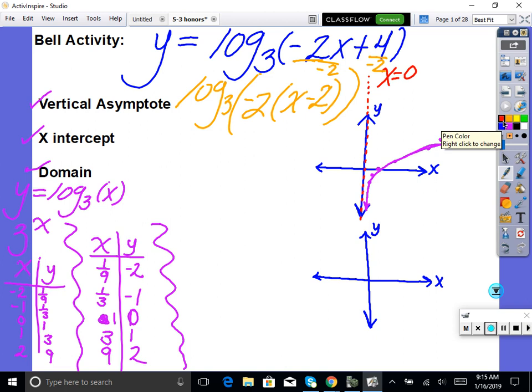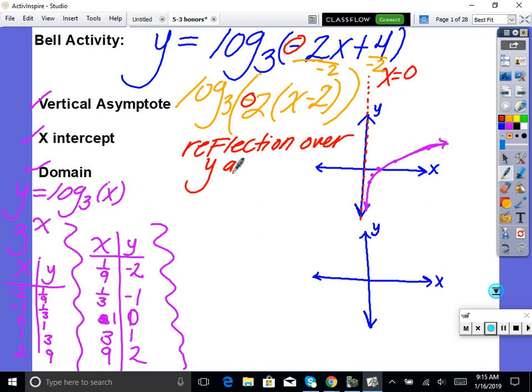Okay. Now in words we can verbally describe the transformation. I just want to remind you, if you have a negative inside your parentheses, that's a reflection over the y-axis. That will affect your x values. So we're going to go to our x values and times them by -1. Then from here, we have to see this 2 right here is different than having a 2 in front.